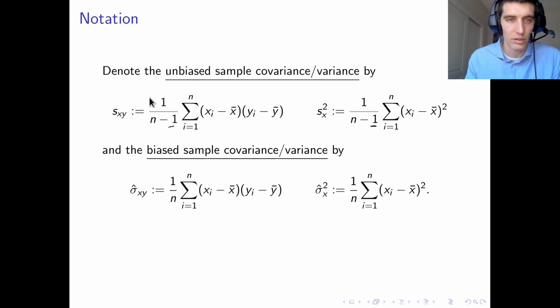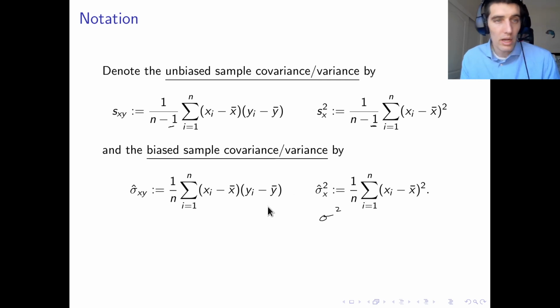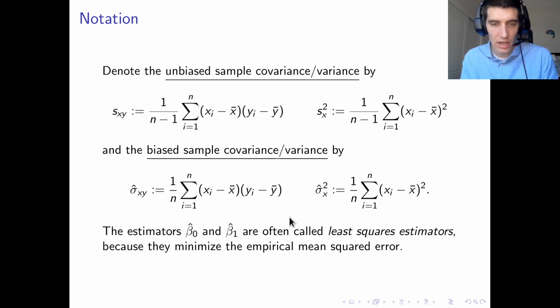I'll talk about what that means in a little bit, but when we divide by 1 over n minus 1, we denote it as s, and when we divide by n, we denote it as sigma hat. They're both estimates of sigma squared in this case, for the variances. So we either denote them s if we're dividing by n minus 1, or sigma hat if we're dividing by n. So that is notation.